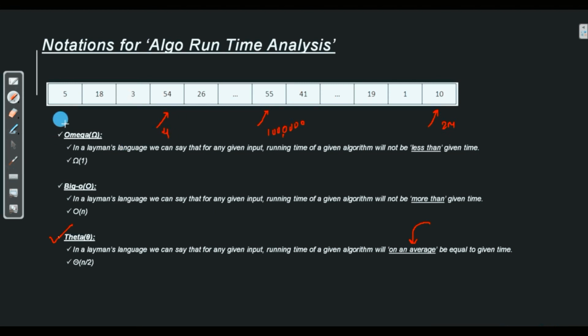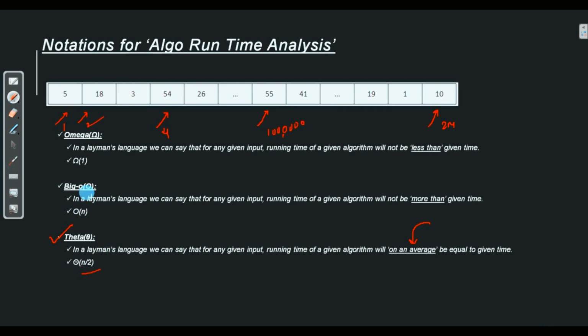And then sometime we might find number 5 or 18, which might take 1 or 2 units of time. So you see that depending on what kind of data we are trying to retrieve from this array, our performance changes. Sometime it takes 1 unit of time, other times it might take 1 or even 2 million units of time. So when we do an average on a huge set of data, the runtime comes to n divided by 2, which is denoted by theta.